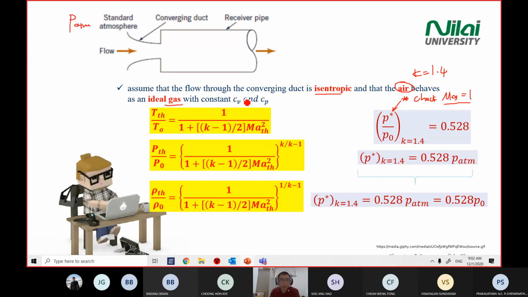So we have this equation come out: P atmospheric equal to stagnation pressure. Try to understand the logic behind all these symbols. This slide just shows you how we make full use of the three ratio equations here.